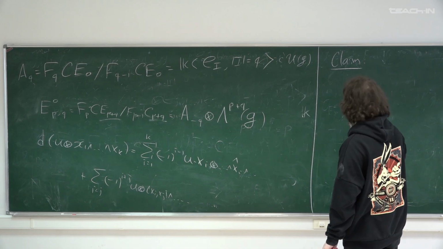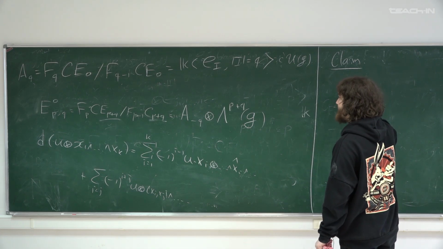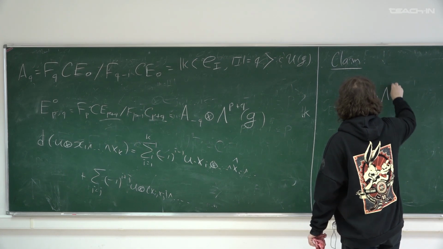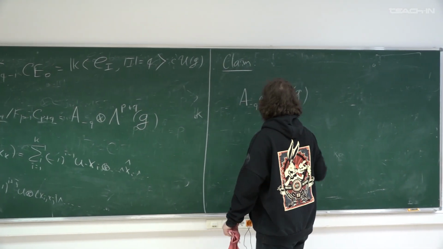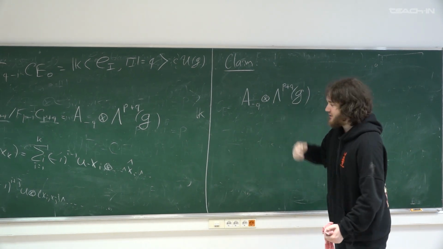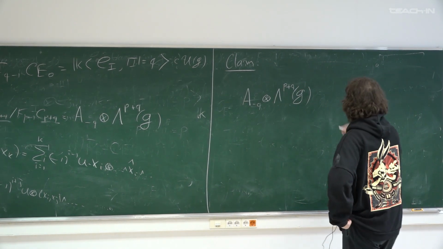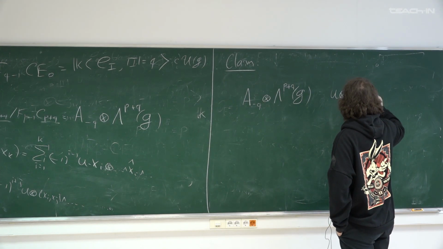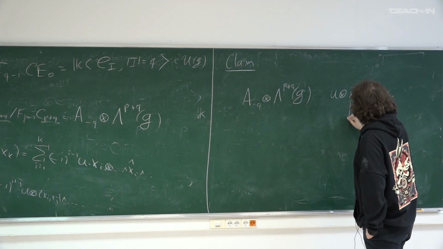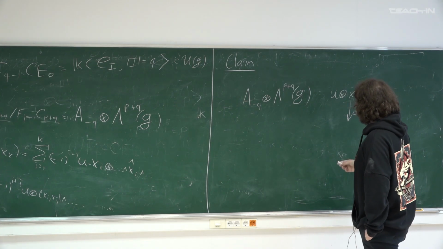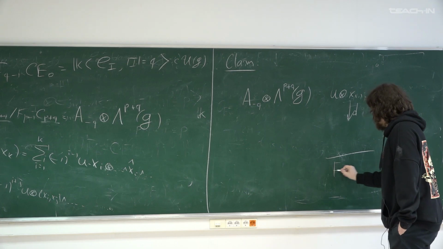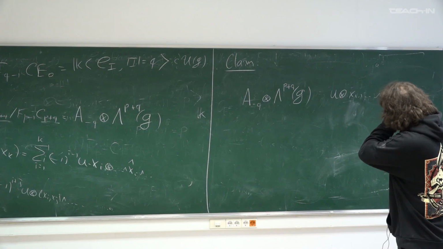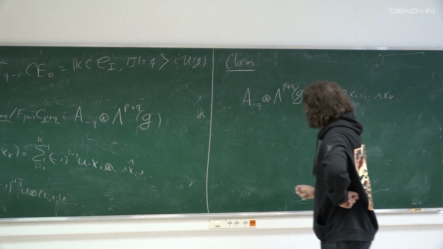I consider some element of the quotient. I consider any representative of it, then apply the differential, and then take the quotient by F, where my differential goes.